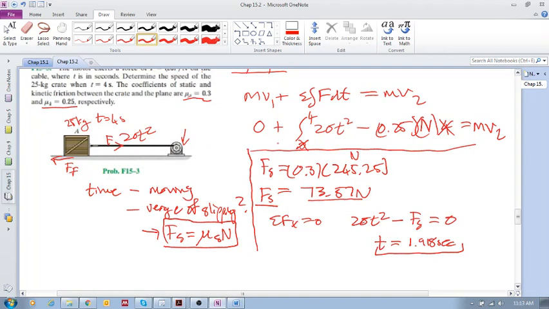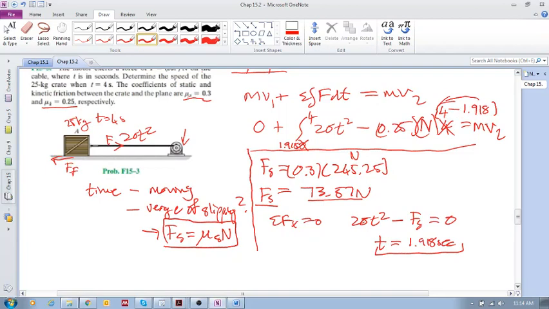That needs to become our initial time here, and we replace the impulse time by 4 minus 1.918. So from the time the crate starts moving, this force is applied only from 1.918 to 4, and the impulse of kinetic friction is applied from 1.918 to 4.